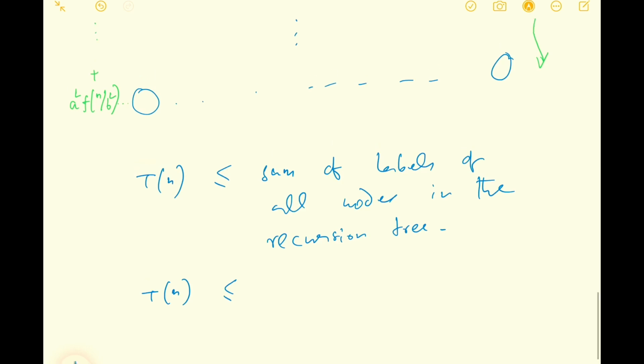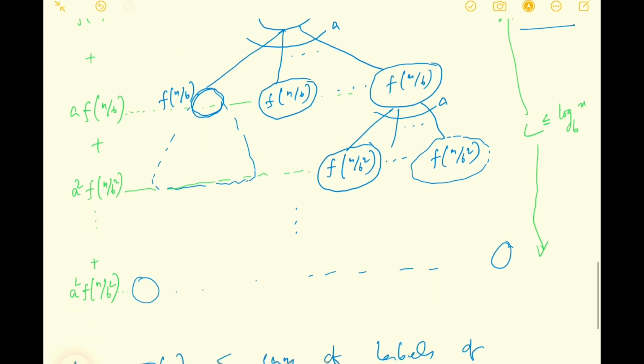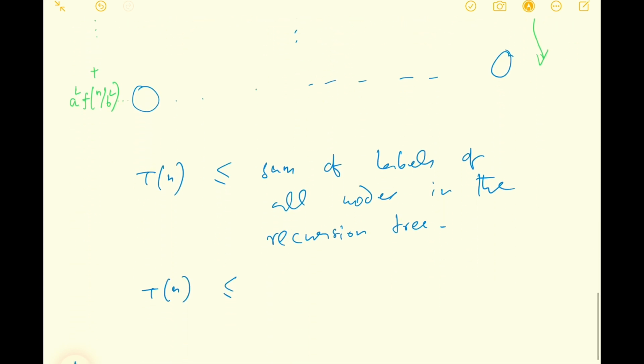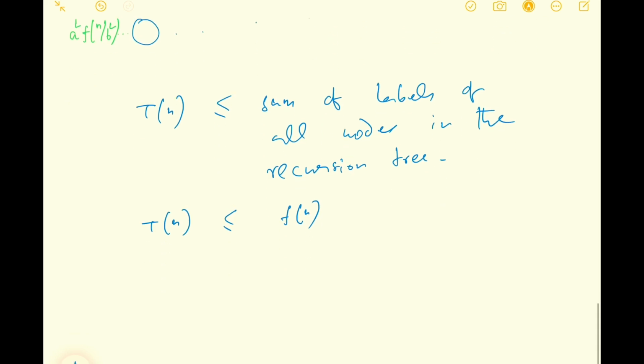So let's write Tn is less than equal to these sums, f of n plus a times f of n by b, and so on, a to the power L times f of n by b to the power L. Okay, so that's how Tn comes out to be.